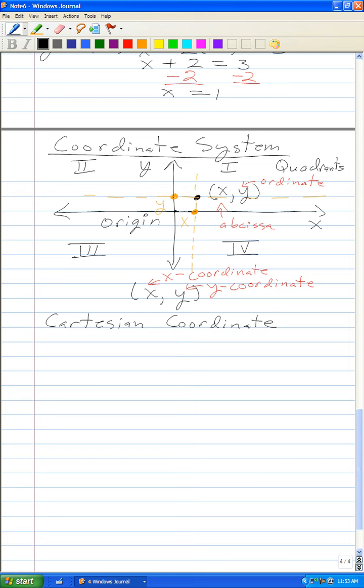Now, it turns out that if the intersection between the x and y axis are at a right angle, then we will call this a rectangular coordinate system. So in general, we'll make the assumption that we're always doing a rectangular coordinate system.